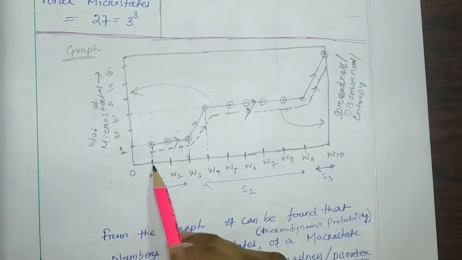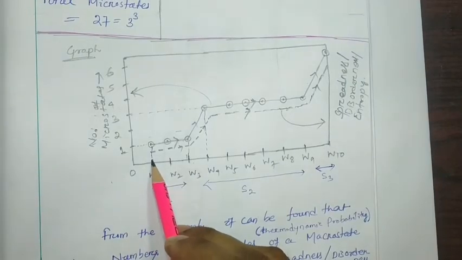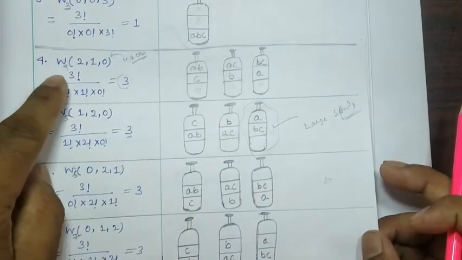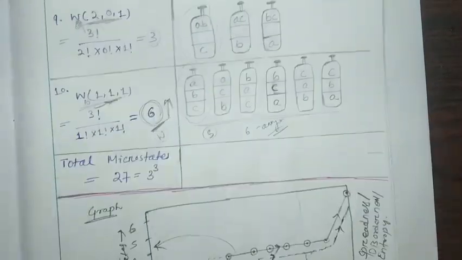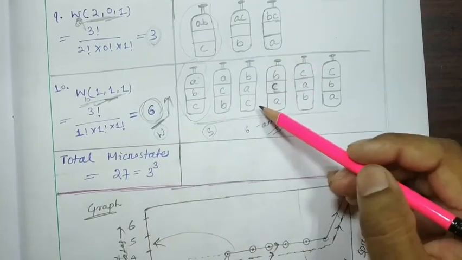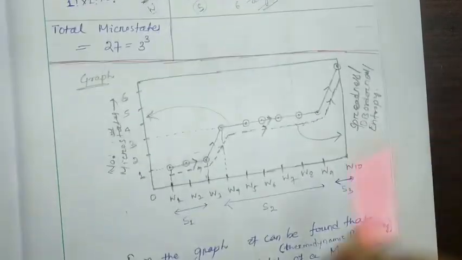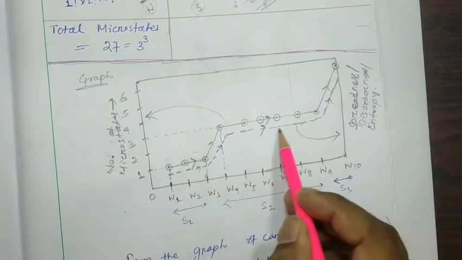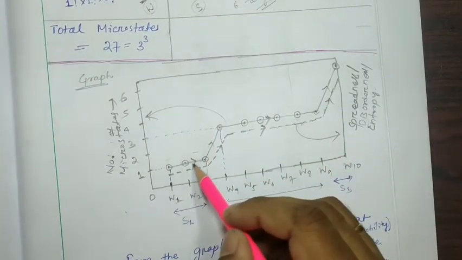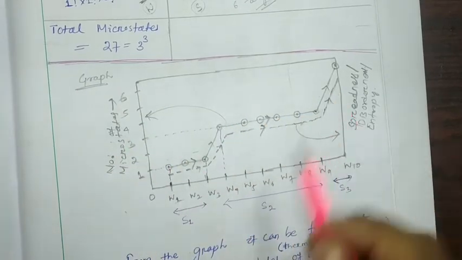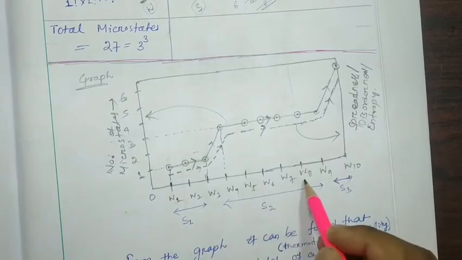You can see that from macrostate W1 to W2, the spreadness has increased. For W4 to W9 it increases somewhat, and for W10 it has increased further. This dotted line represents the entropy, and this dark line represents the variation of the number of microstates with respect to the macrostate.